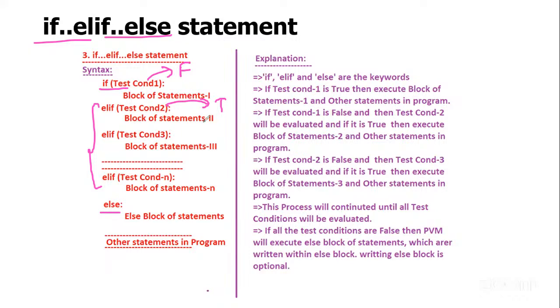What if test condition 2 is also false? It comes to elif block 3. In this way, it helps us validate multiple conditions. As part of if elif else, all these are keywords. They are reserved words in Python.